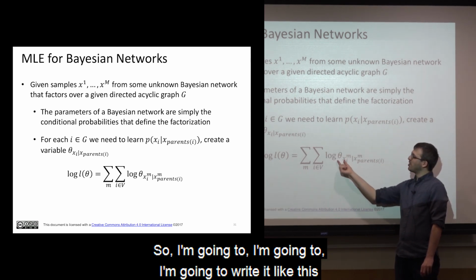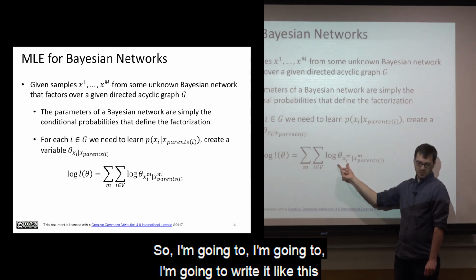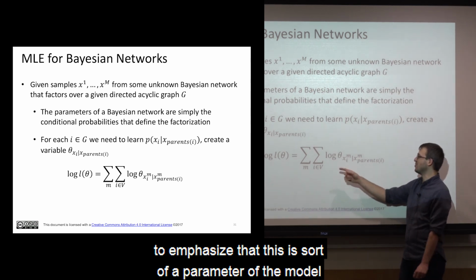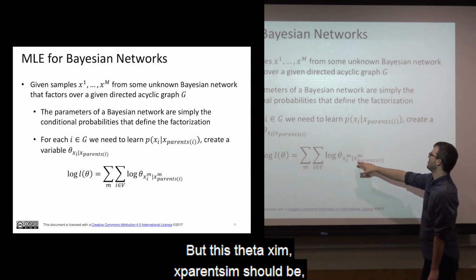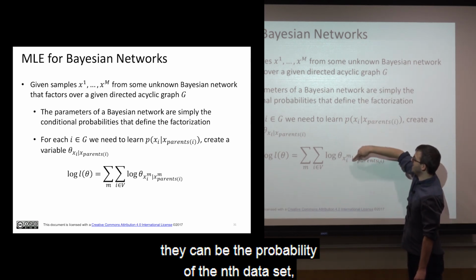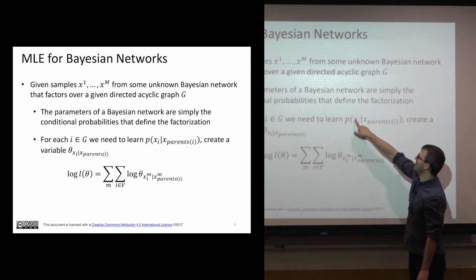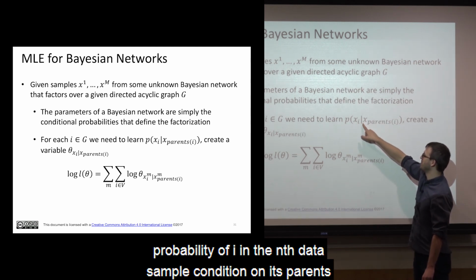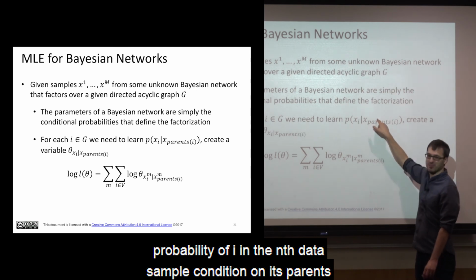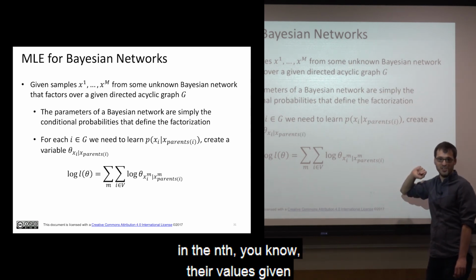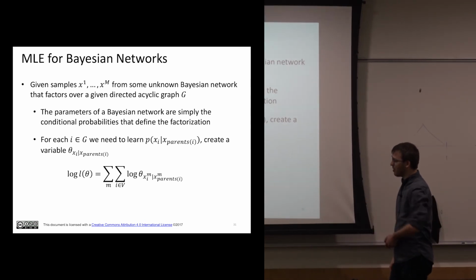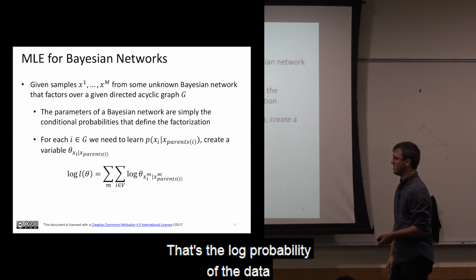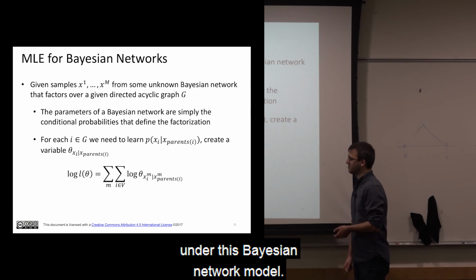So I'm going to write it like this to emphasize this is a parameter of the model that we're optimizing over. But this theta x_i^m given x_parents(i)^m should be taken to be the probability of variable i in the mth data sample conditioned on its parents, with their values given by the mth data sample. That's the log probability of the data under this Bayesian network model.